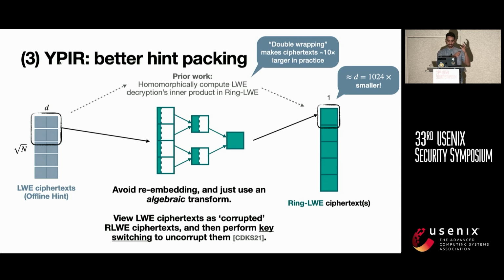But basically, instead of this bootstrapping-like approach that the prior work takes, you can just do log D key switches and get to a ring ciphertext that's as packed. This is a great way to shrink the size. It makes the final response much smaller because we're not doing double wrapping.